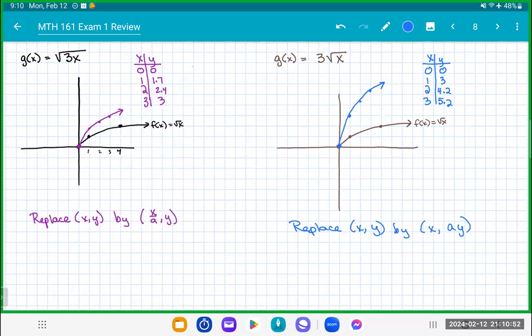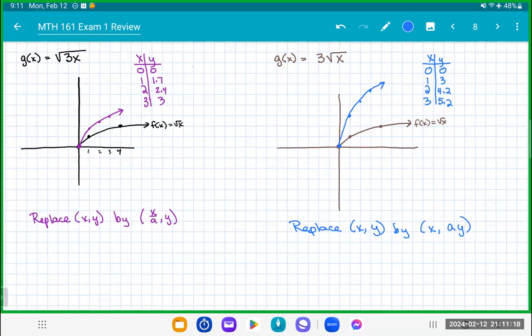Question. How did you get 4.2 and 5.2 again? You plug them into here. So you could do it like this, right? Or you plug 0 in here. 3 times 0 is 0. You plug 1 in there. 3 times the square root of 1 is 1, 3.